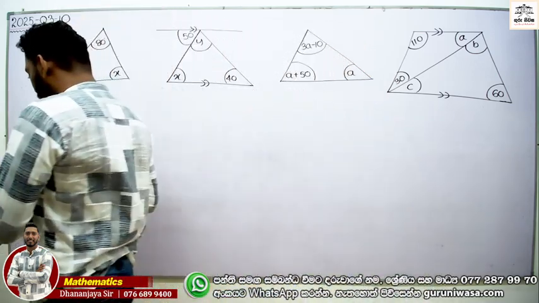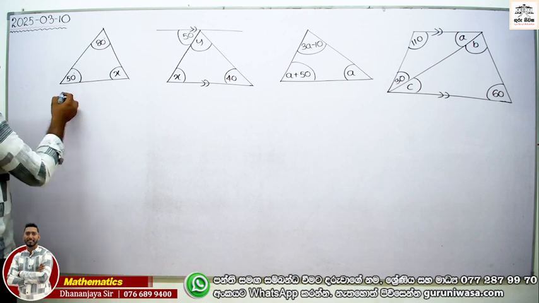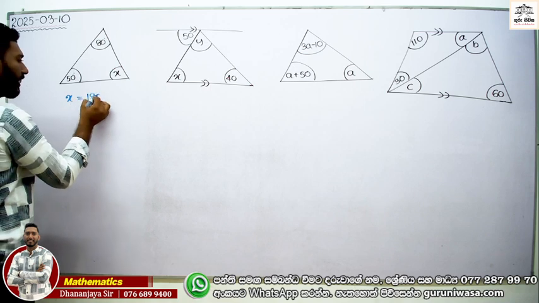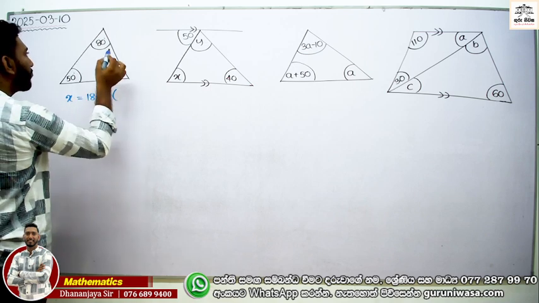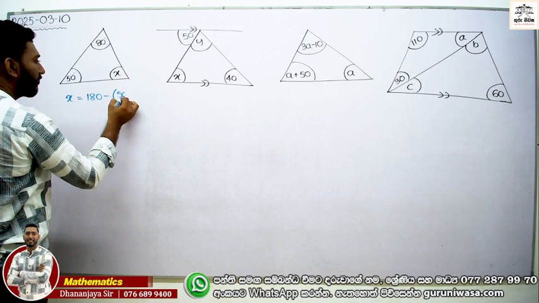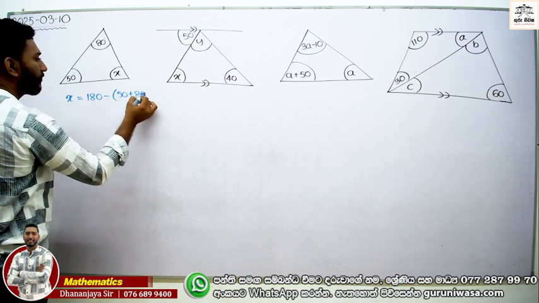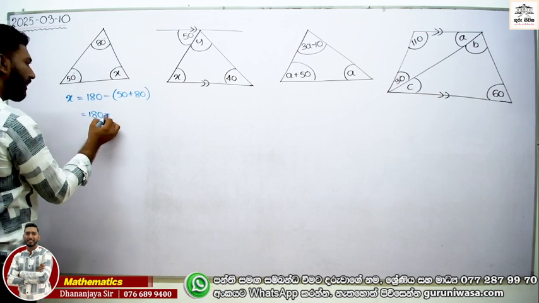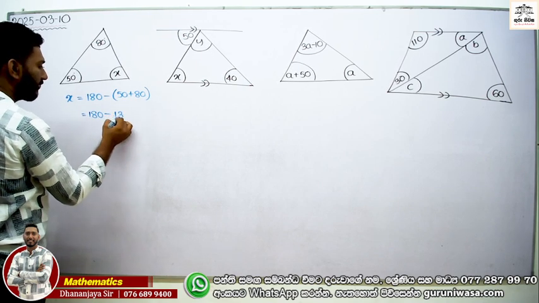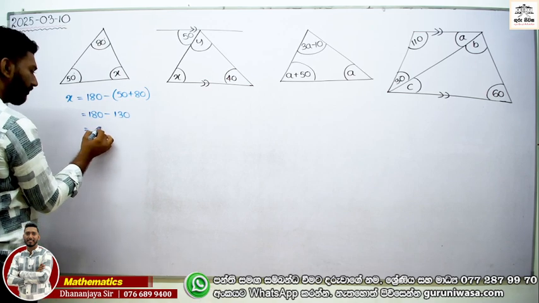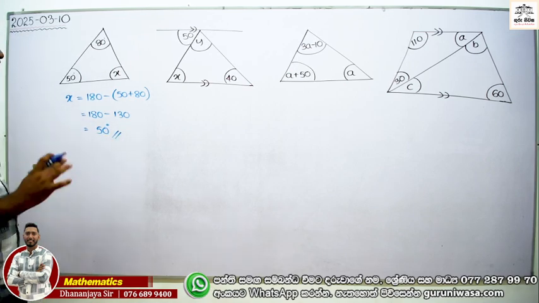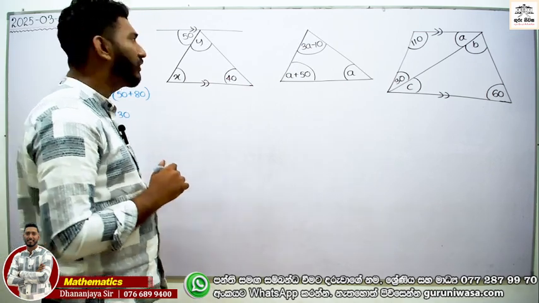Now you can write the equation: x equals 180 minus the sum of these two angles. That means 50 plus 80, right? Then the answer is 180 minus 130 degrees. Then the final answer becomes 50 degrees. Easy. Now look at the second one.